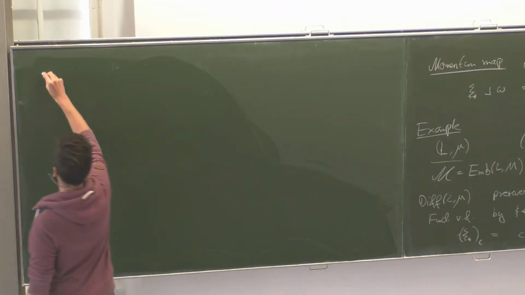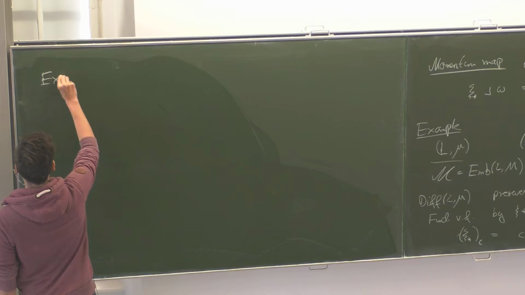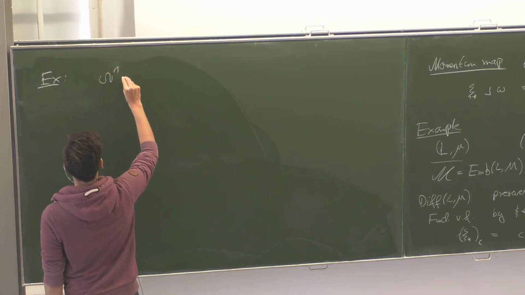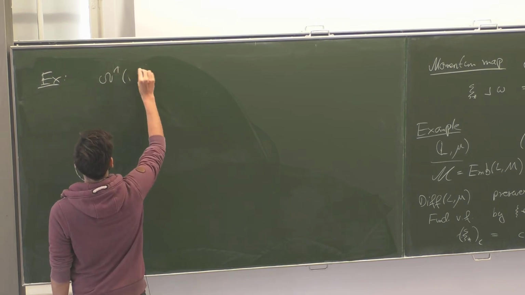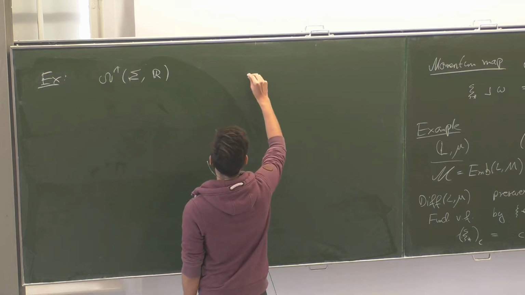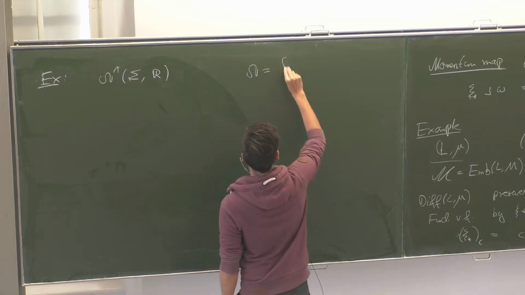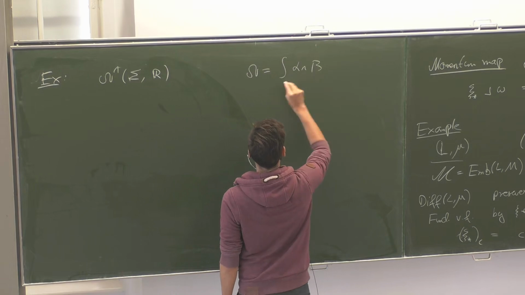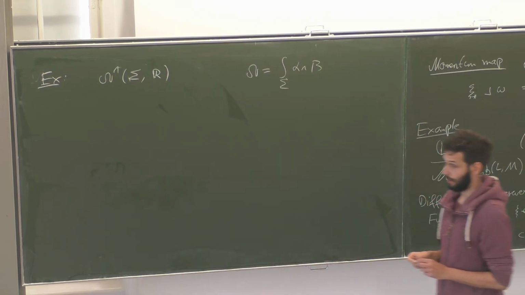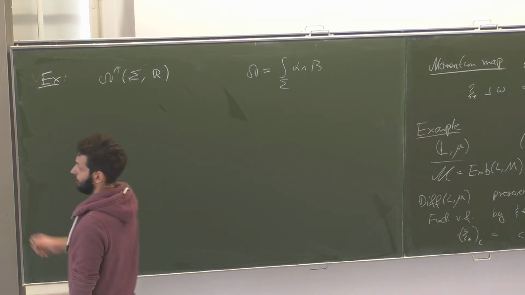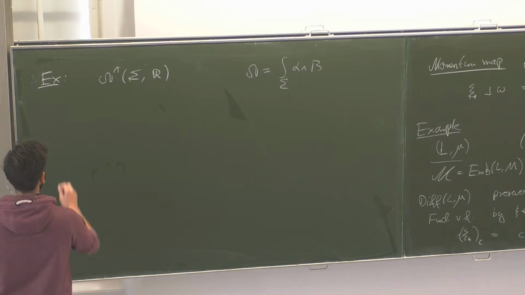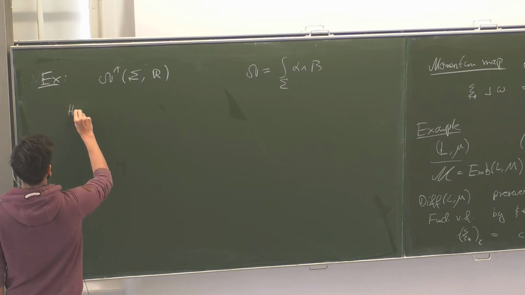So the example is the following, where we look again at the one forms on a surface, and the symplectic form was the integral over Sigma of alpha wedge beta. And the action was the gauge transformation that acts on that. The decomposition that I wrote down here comes essentially from the Hodge decomposition.